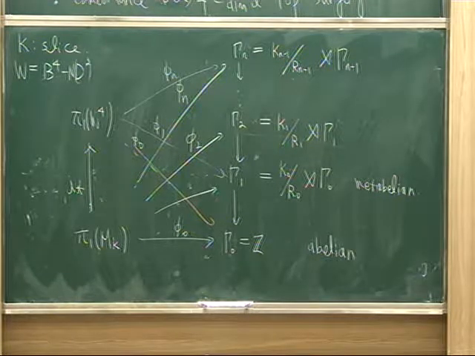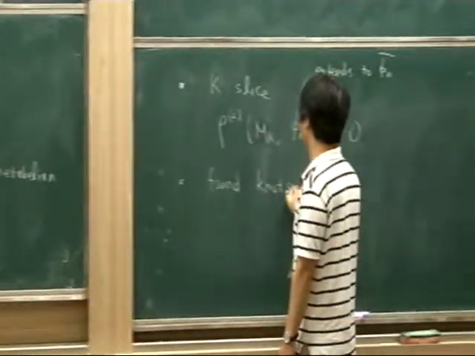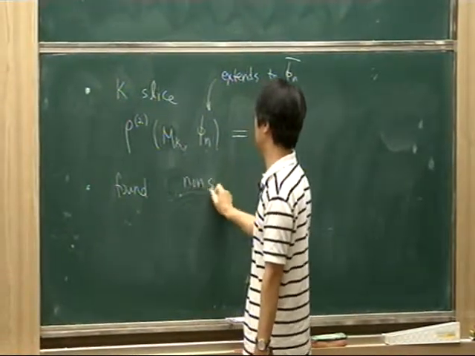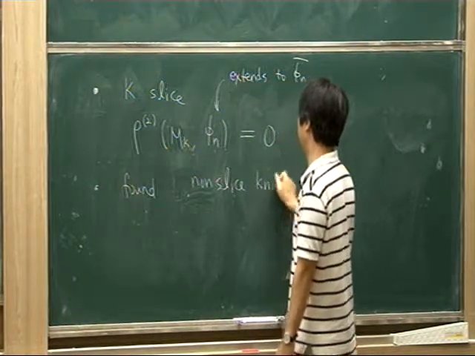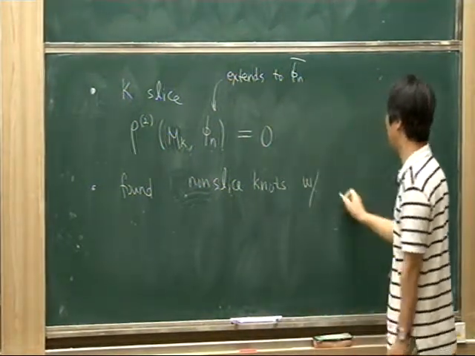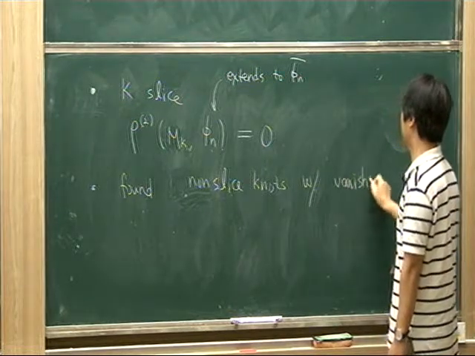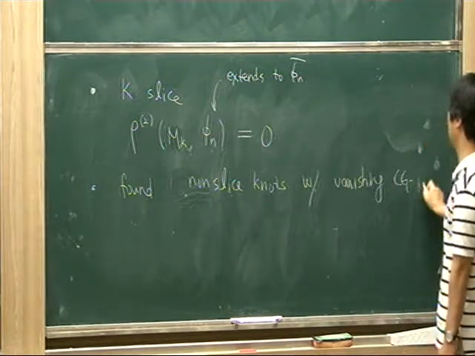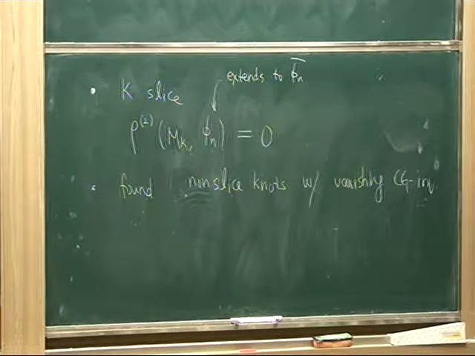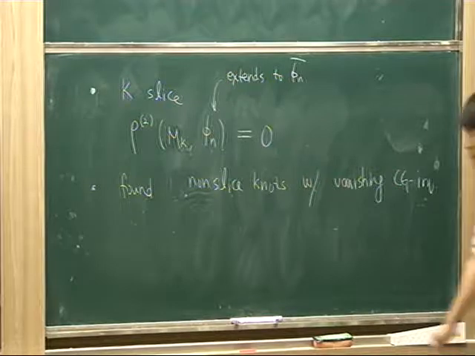So using this, they found non-slice knots with vanishing Casson-Gordon invariants. I could say this is one of the most powerful concordance invariants as of now.